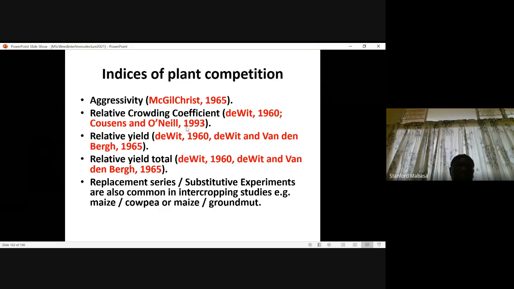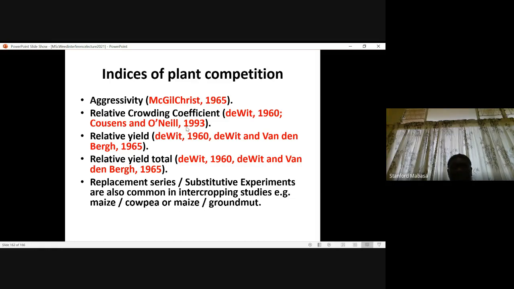There are some indices of plant competition which we talked about. Aggressivity, when we were talking about a replacement series diagram, replacement series experiments. That one was actually proposed by McGilchrist in 1965.